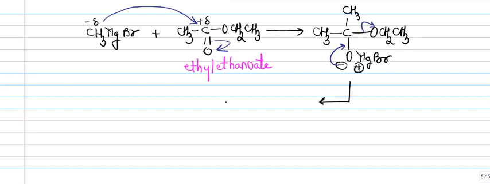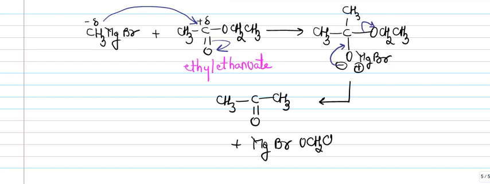This would result in CH3C double bond O and CH3, plus MgBrOCH2CH3.